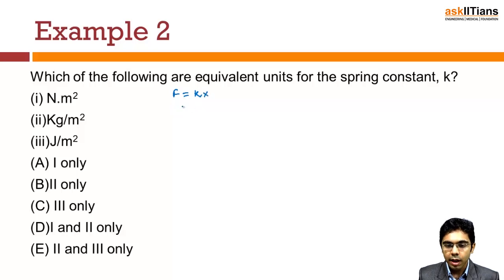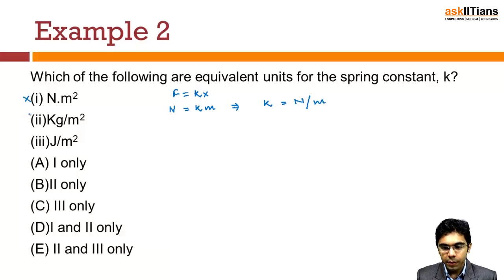The unit of force is Newton and displacement is meters, so the unit of K comes out to be Newton per meter. So option A cannot be correct because it's Newton meter square.